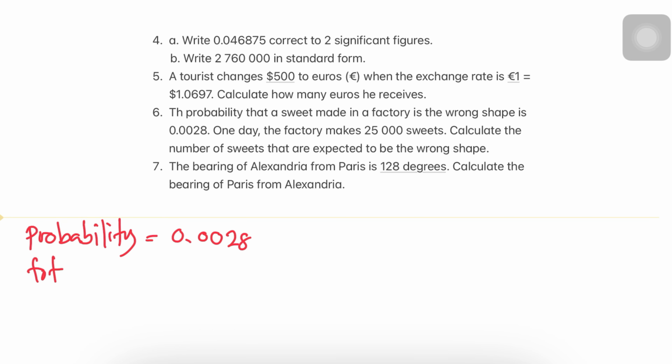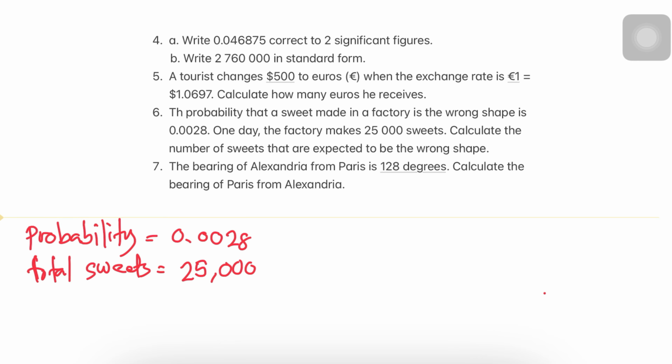And the total sweets is 25,000. What we are going to find is the number of sweets that are expected to be the wrong shape.